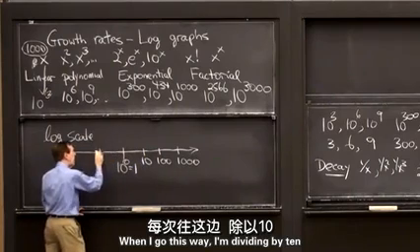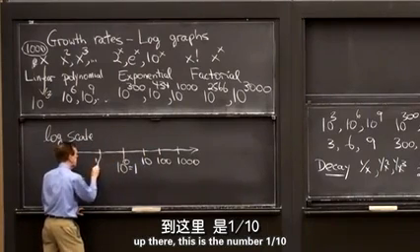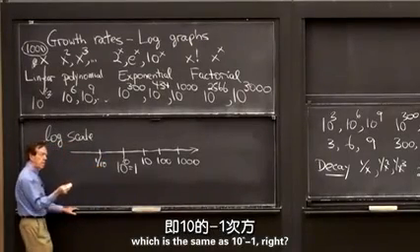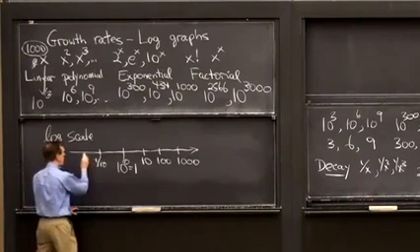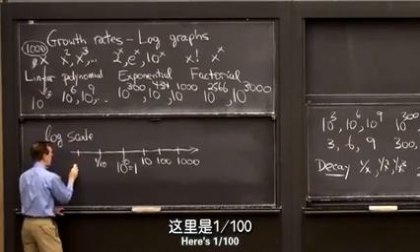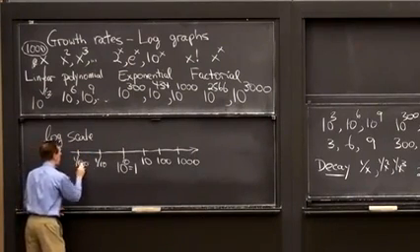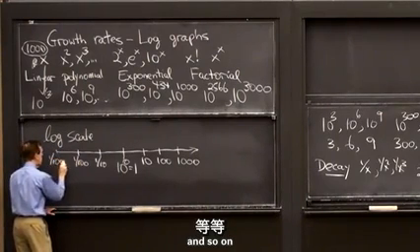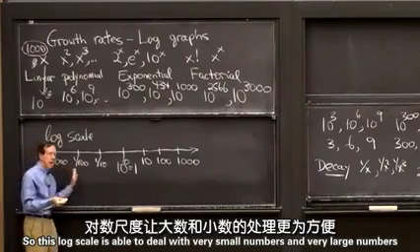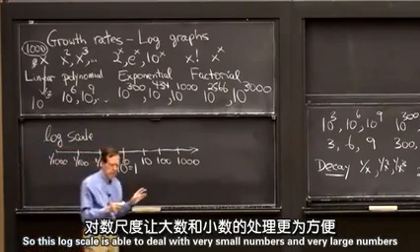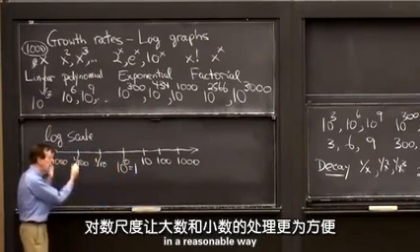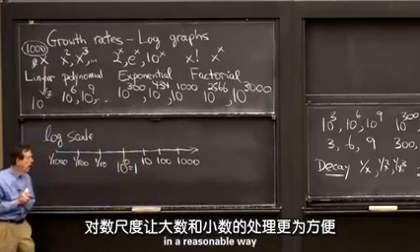When I go this way, I'm dividing by 10. Up there this is the number 1/10, which is the same as 10 to the minus 1 power, right? Here's 1/100th. Here's 1/1,000th, and so on. So this log scale is able to deal with very small numbers and very large numbers in a reasonable way.